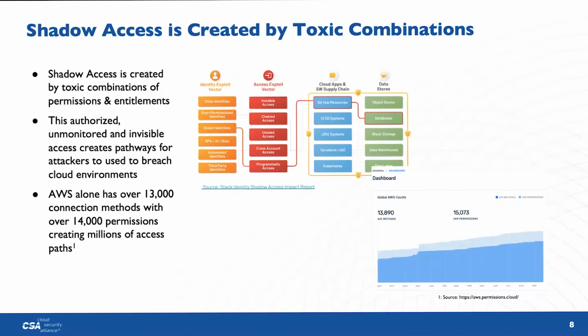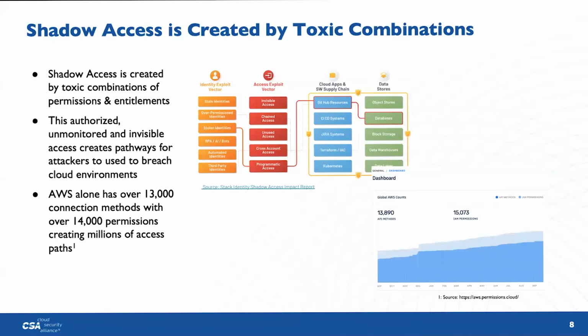We call this phenomenon toxic combination. When developers combine cloud services, they're actually creating, in many cases, toxic combinations. The entitlements across two different services create a toxic combination, which in turn creates unauthorized and invisible access pathways for attackers to breach your environments.